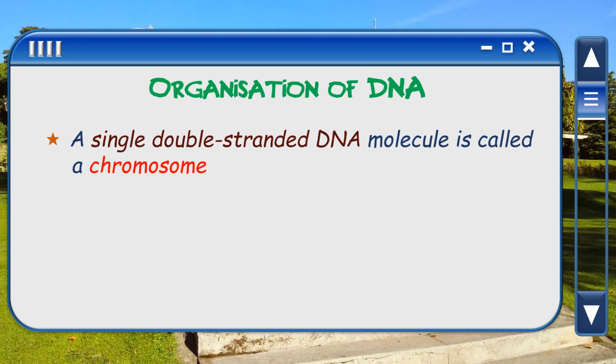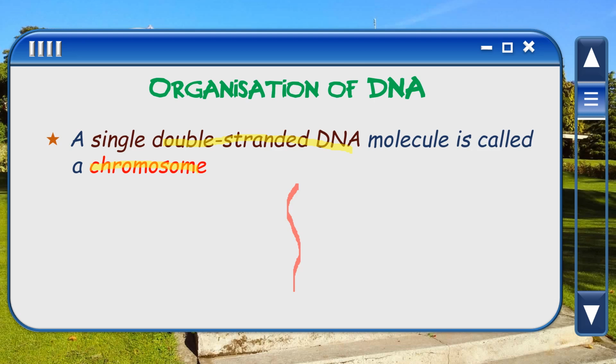A single double-stranded DNA molecule is called a chromosome. You will sometimes find a structure like that, and we call that a chromosome.